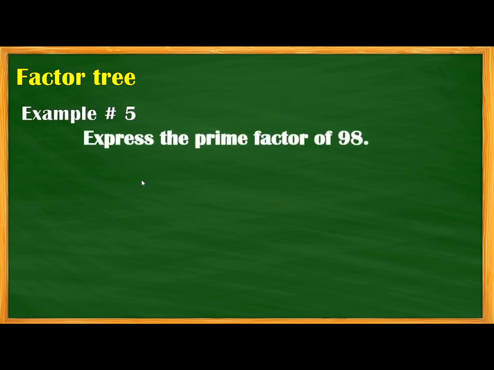Again, let's have an example using the factor tree. So the prime factors of 98. What would be the factors? We have 2 and 49. 2 is a prime number and 49 is a composite number. And how about 49? We have 7 multiplied by 7.